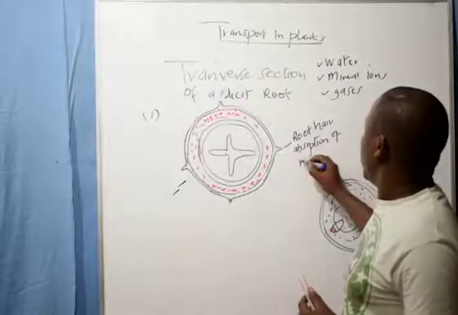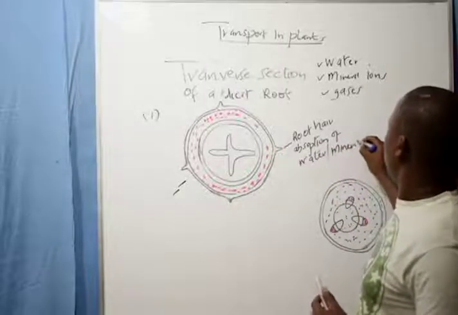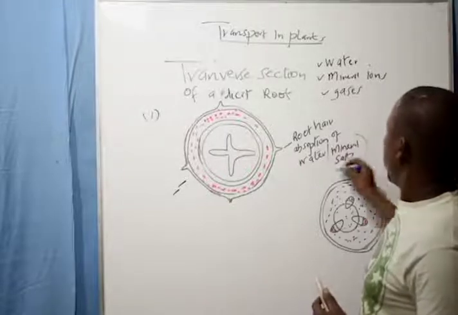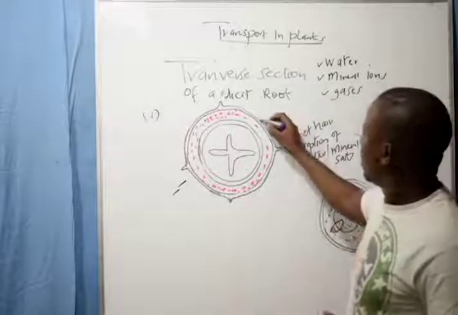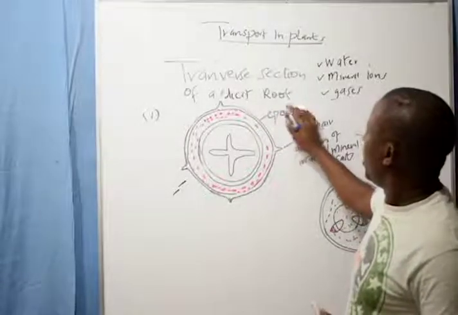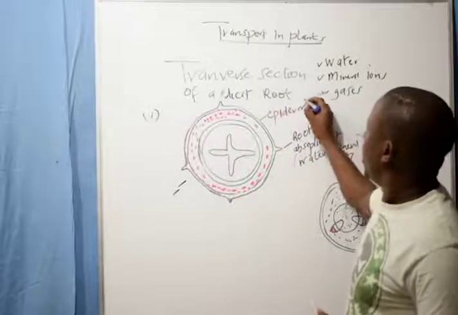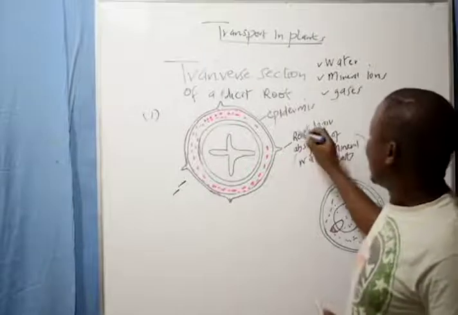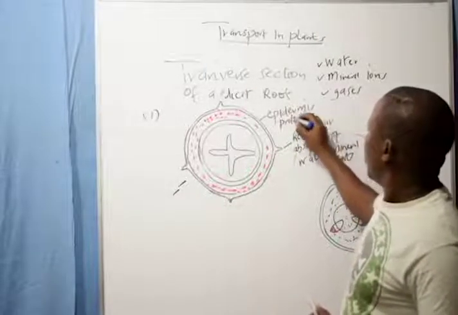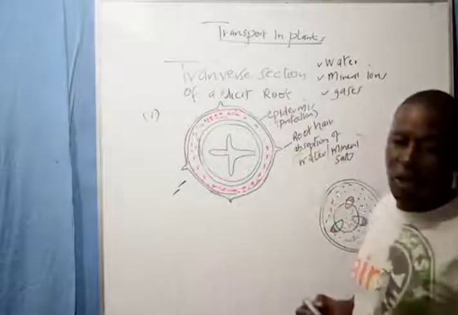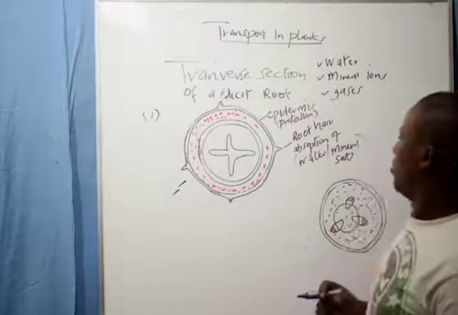Now, the second one we're going to look at is the epidermis. The epidermis protects the inner parts of the root. So the function of epidermis is protection.